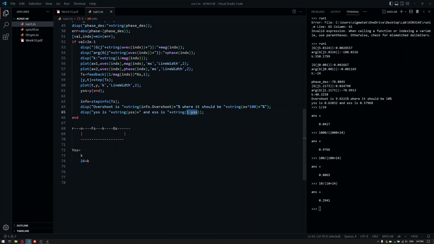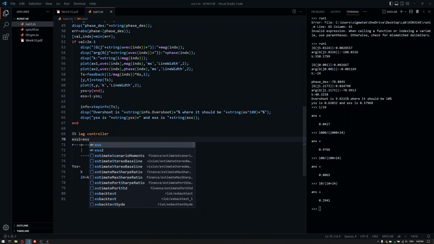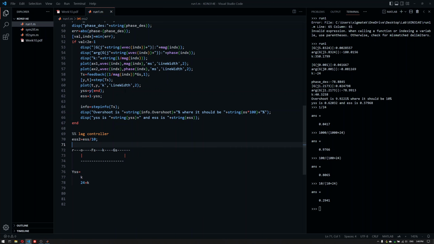This is ESS, so let me define it like that. Therefore, for the new condition, the lag controller, we should have ESS2, which should be ESS divided by 10, because tenfold.